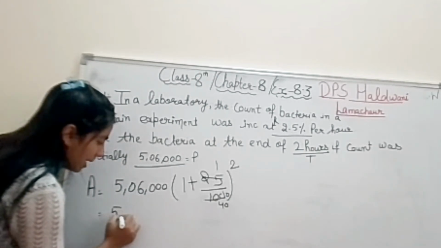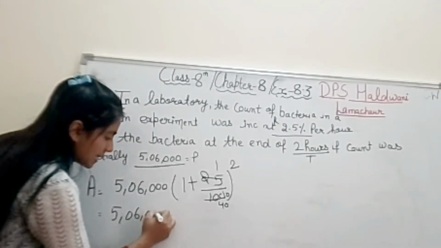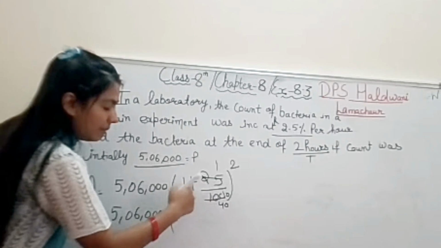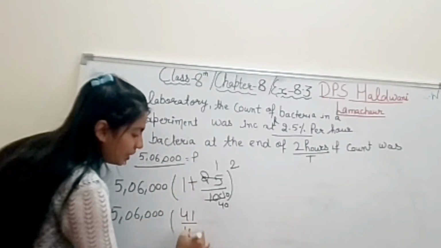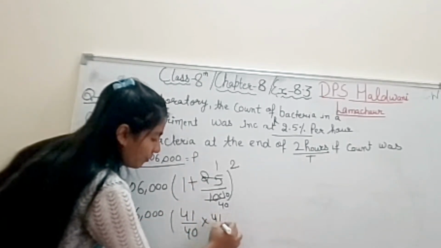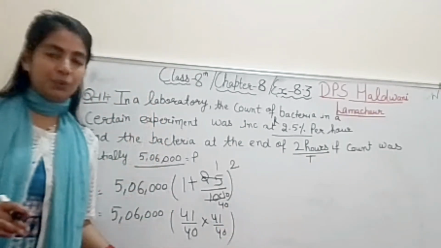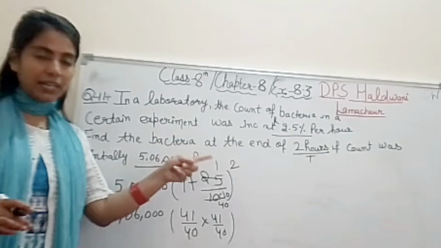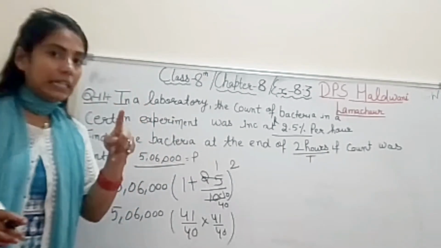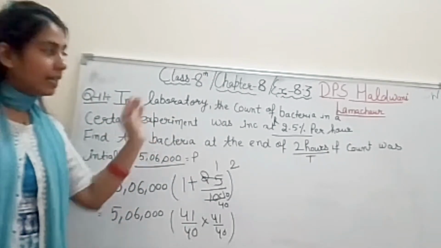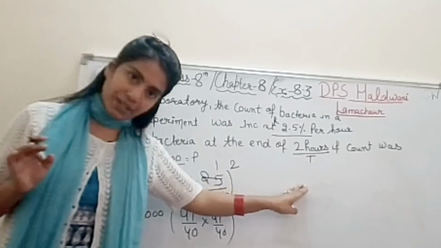So it means 5 lakh 6,000 into 41 upon 40 into 41 upon 40. See student, if you understood the concept, so easily you will do the things. Right student, I'm again telling you, don't go with the wording, just see what is given to you exactly, right?